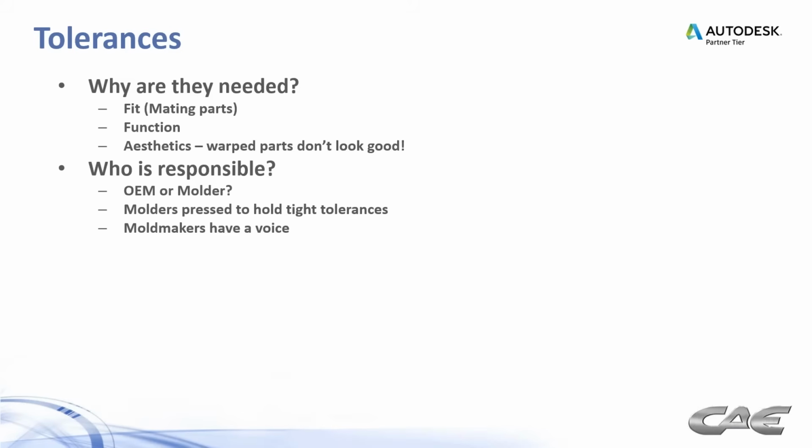When they're handed something for which very tight tolerances are required, but the part design is the problem, they can make a mold that is exact dimensions of what they need, but still have issues with warpage. So the mold makers ought to have a voice in this process as well.